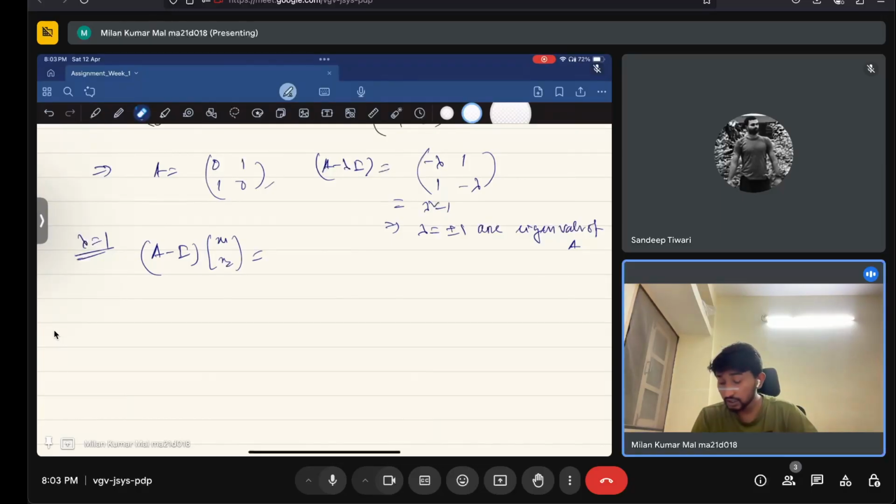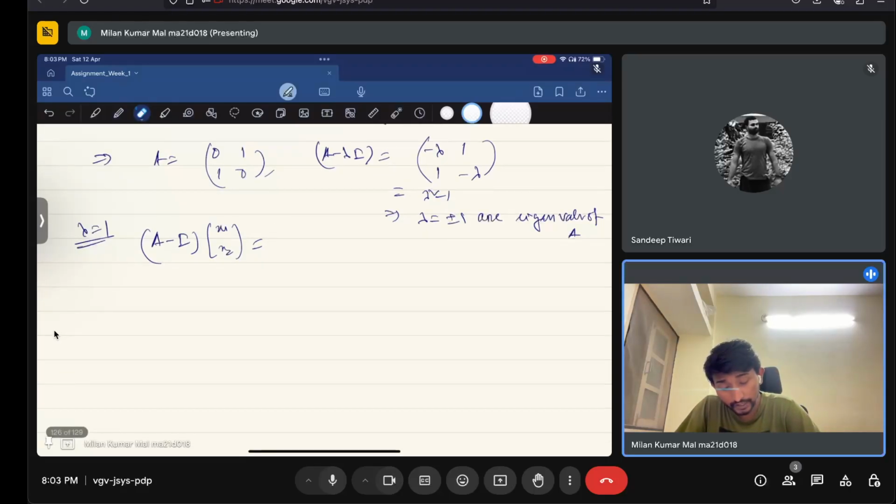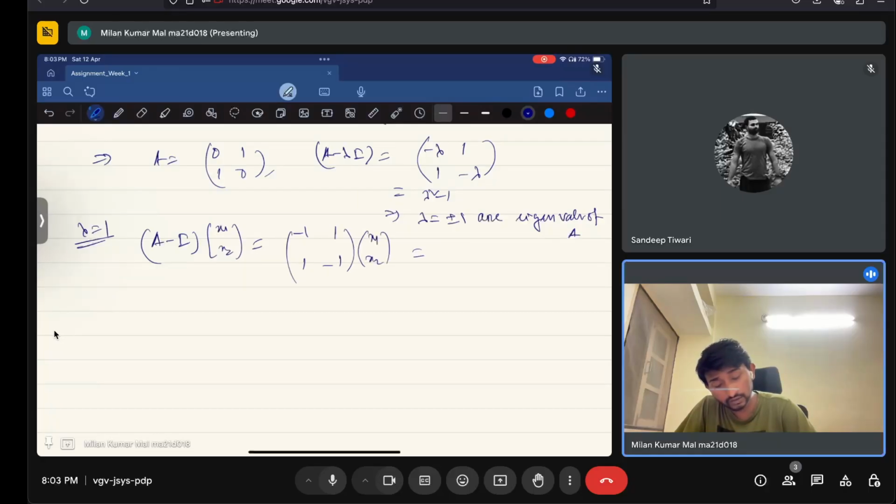For the first three options, we just want to get the matrix. We know that there exist two eigenvalues, so two eigenvectors will be there. So this will be diagonalizable. That's true. But let's find those vectors which make that diagonalization. So A minus identity means minus 1, 1, 1, minus 1, multiplied by x1, x2, that is equal to minus x1 plus x2, x1 minus x2, equal to 0, 0.